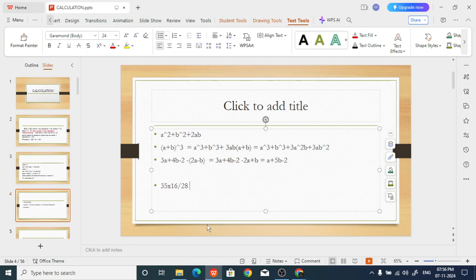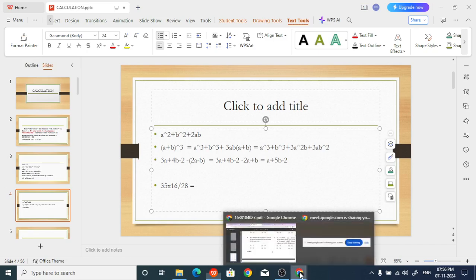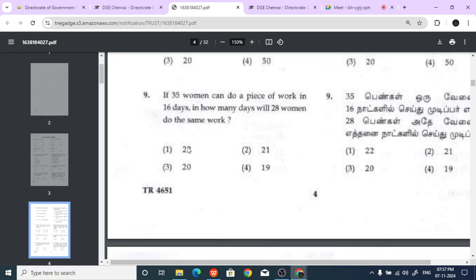How much are you getting? 20, sir. 20. So let's see whether the answer 20 is there.